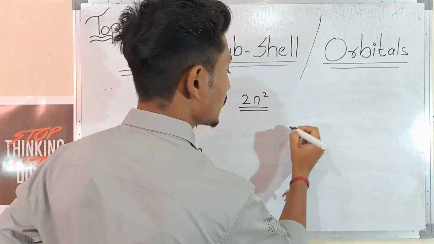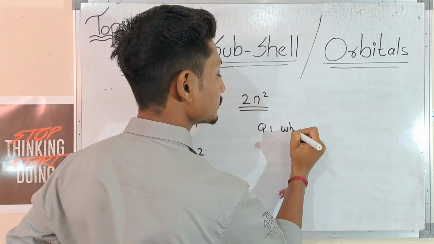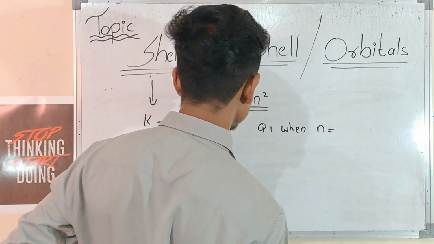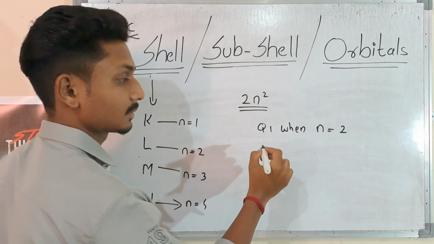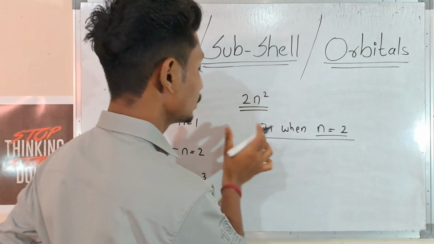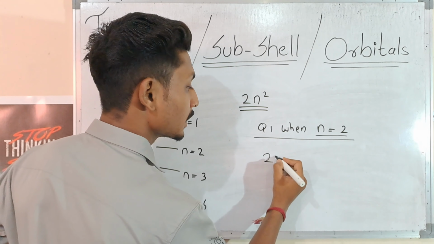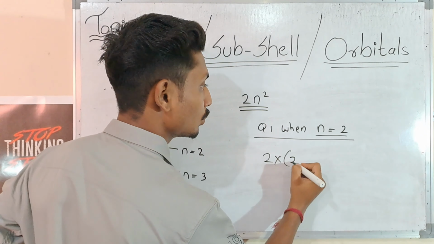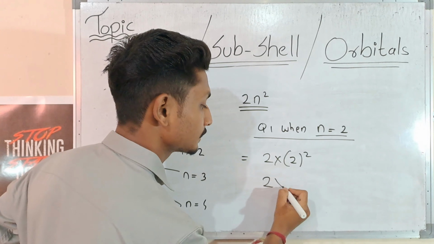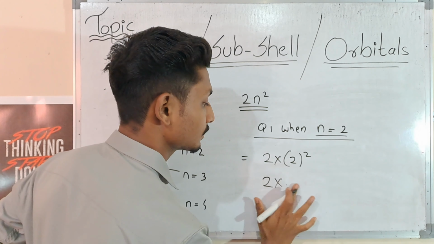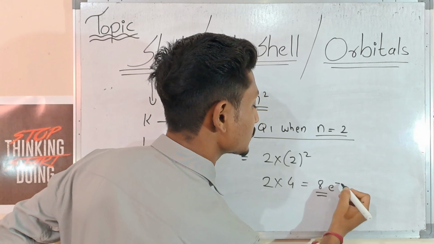For example, when n equals 2, then applying the formula, 2 into bracket 2 square, then by solving this, 8 electrons.